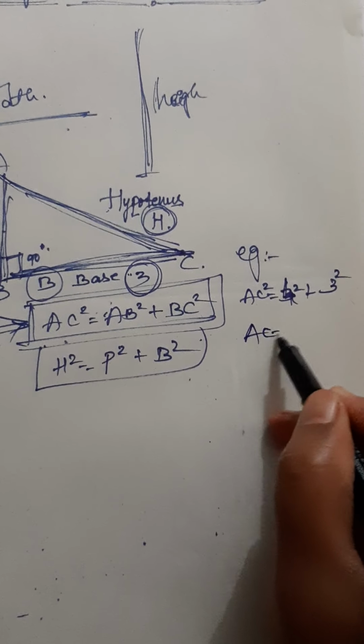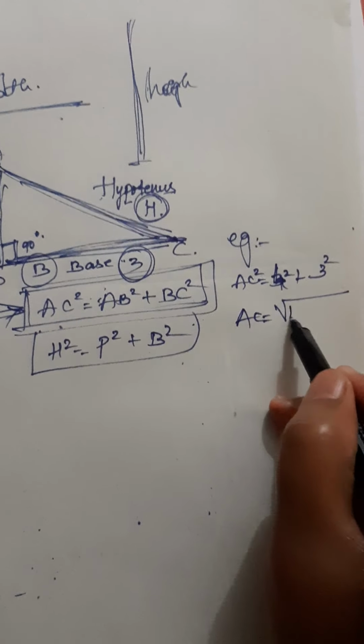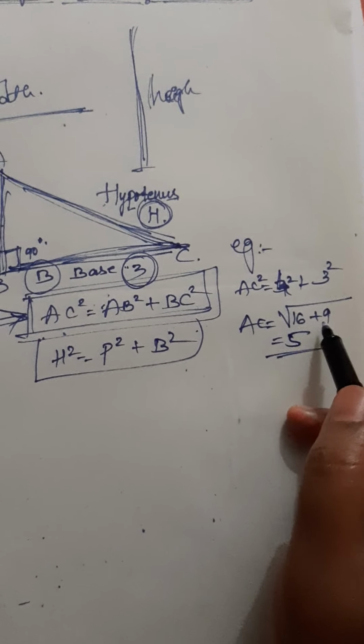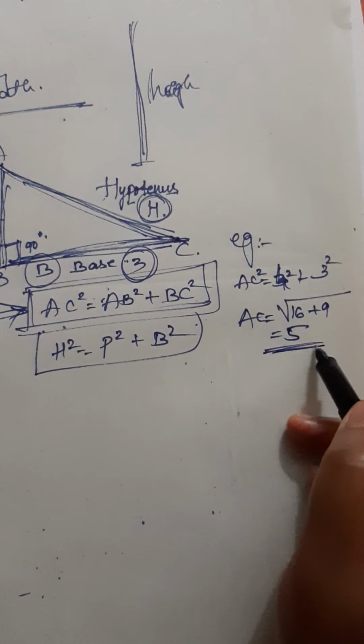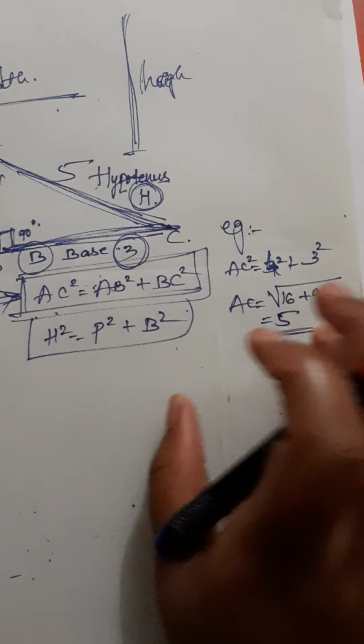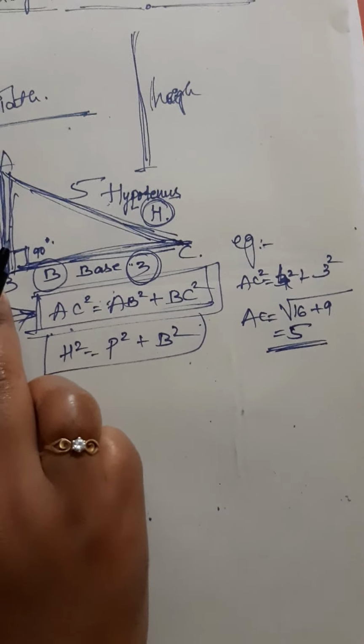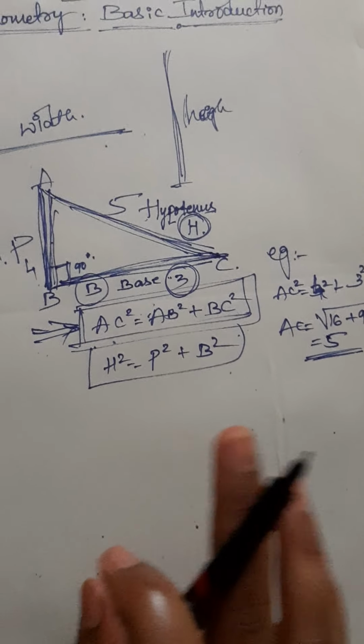So AC is equal to the square root of 16 plus 9. 16 plus 9 is 25, and the square root of 25 is 5. So we got AC as 5. If we are given two sides, we can easily find the other side.